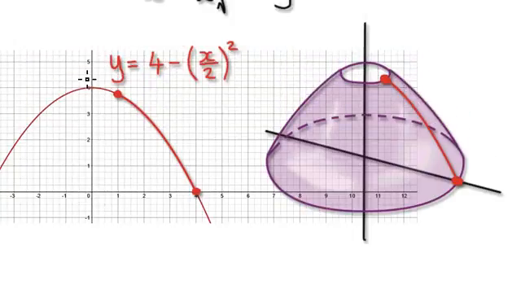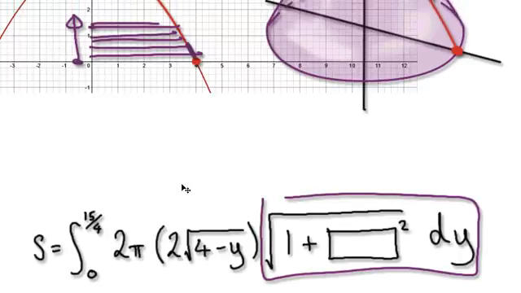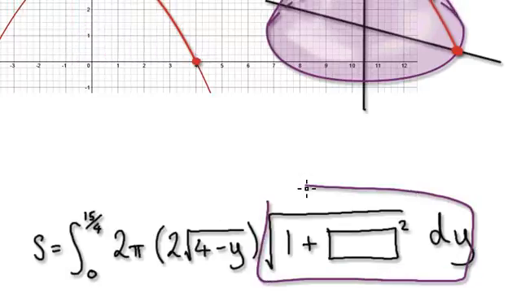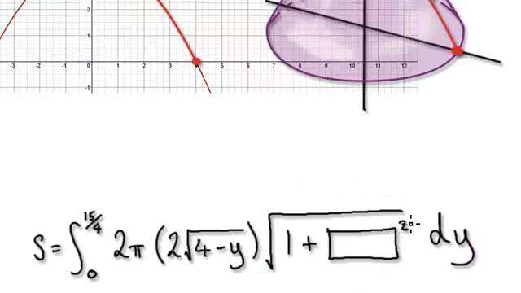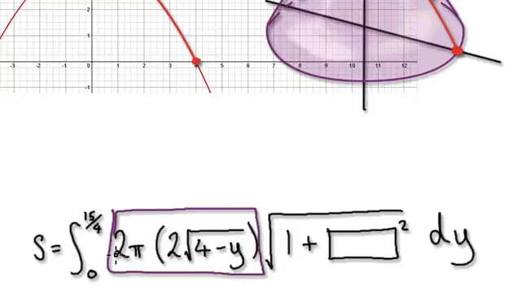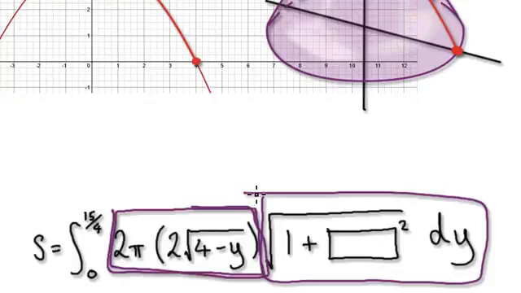But don't forget, you're moving in the y direction here, so this here would be your arc length. This is your circumference, this is your arc length, and I will continue in the next video.